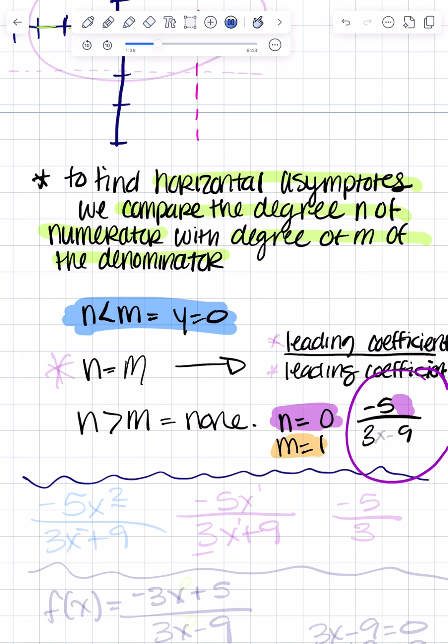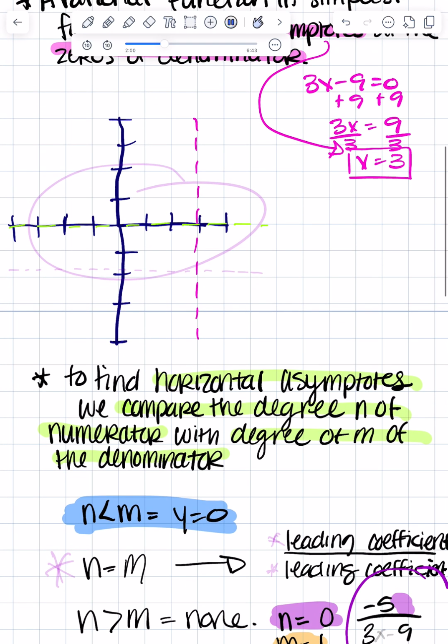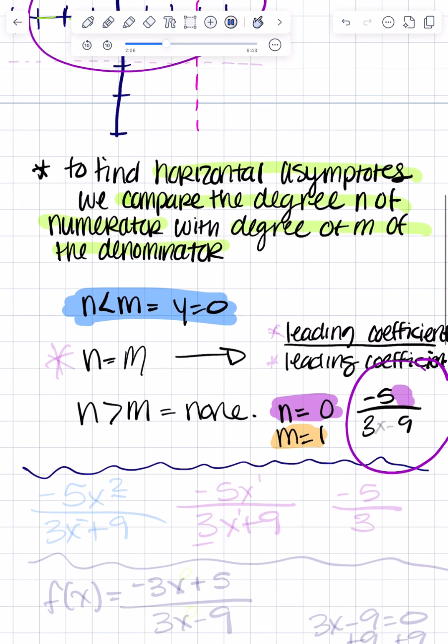That really doesn't show anything above, but we're going to assume that it's 1 because anything to the power of 1 is itself, so m will equal 1. Now there are 3 rules when it comes to horizontal asymptotes. In this case, n is less than m, therefore y equals 0. So your horizontal asymptote will be at y equals 0, just another dashed line, like we see right here.